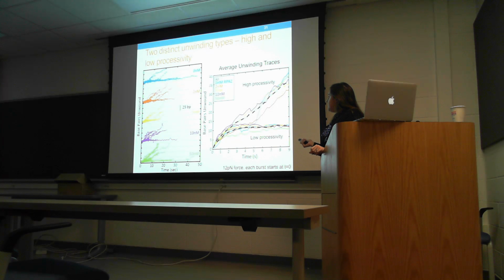These low processivity bursts tend to just stall out around 10 base pairs, and the high processivity bursts just keep going, at the same velocity, the same rate, whatever the concentration of RPA2 is. So the fact that RPA2 doesn't seem to be changing these features of XPD unwinding indicates that they're features inherent to XPD itself.